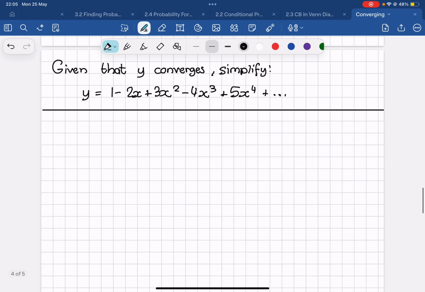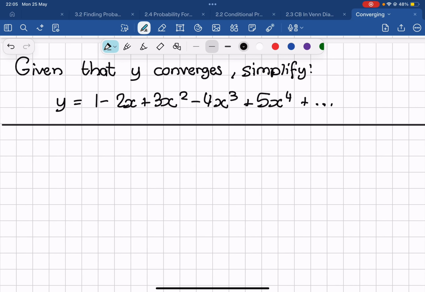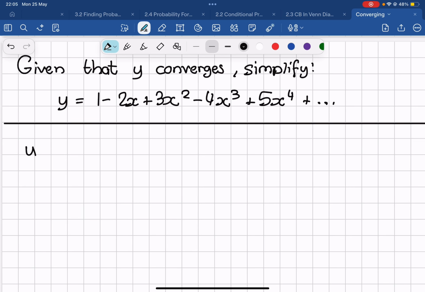Now we've got the same question again, but we're forced to do it a different way. The way I saw this is by writing every power of x with coefficient 1. So if we do that, we have y equals 1 minus x plus x squared minus x cubed plus x to the 4, so on and so forth. Now, obviously, we need to add some numbers back.